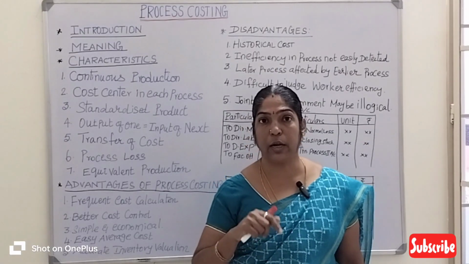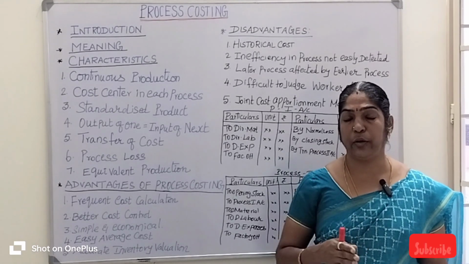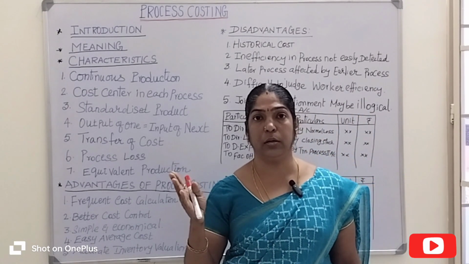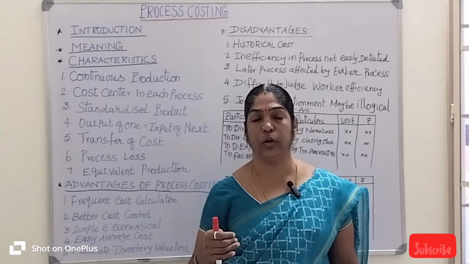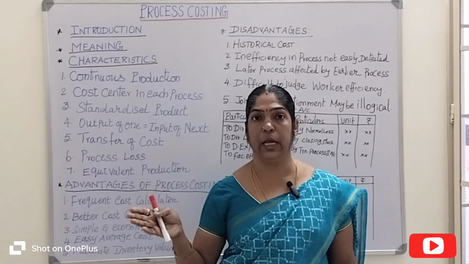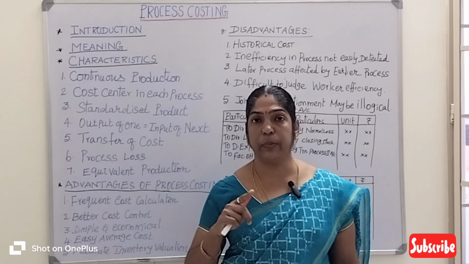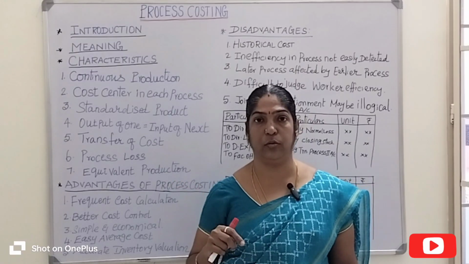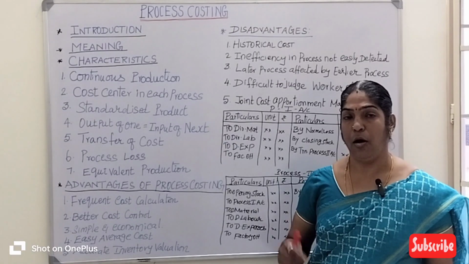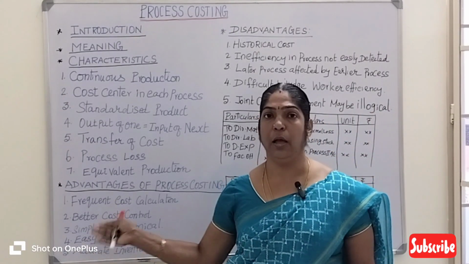Cost per unit is total cost divided by output. So the cost per unit is 5 rupees. It's very easy to calculate the cost frequently, on a daily, weekly and monthly basis in process costing.